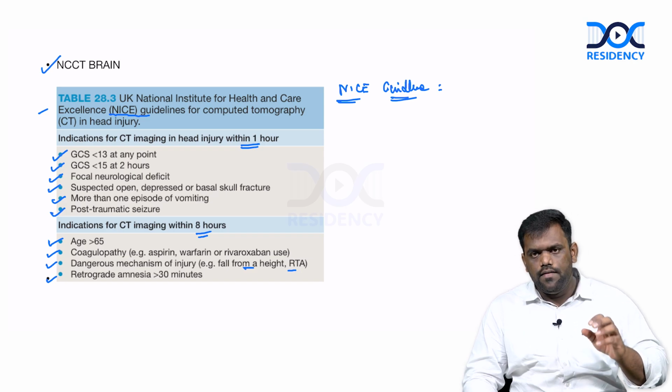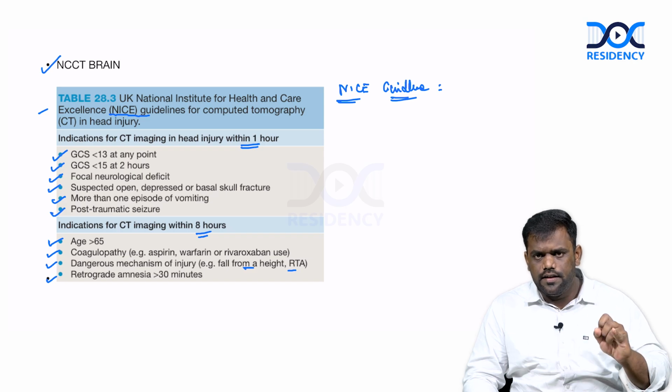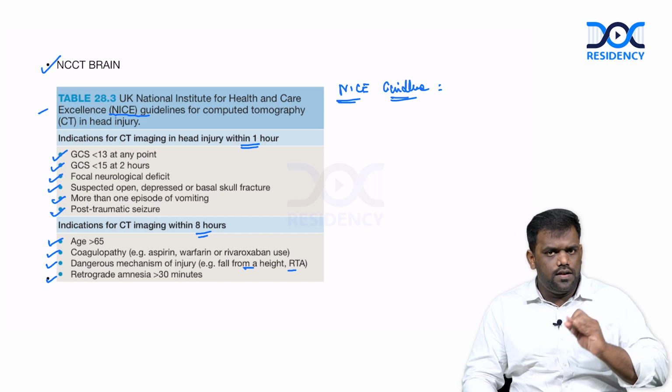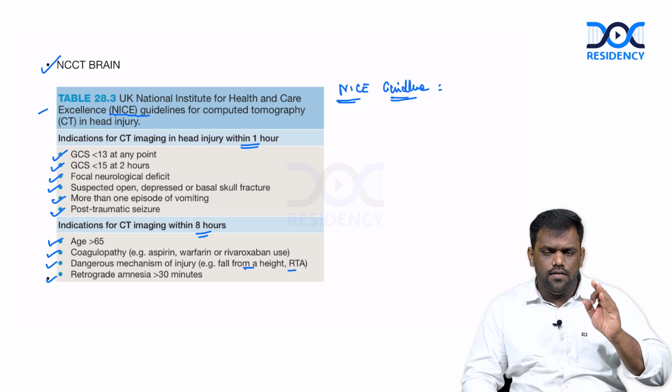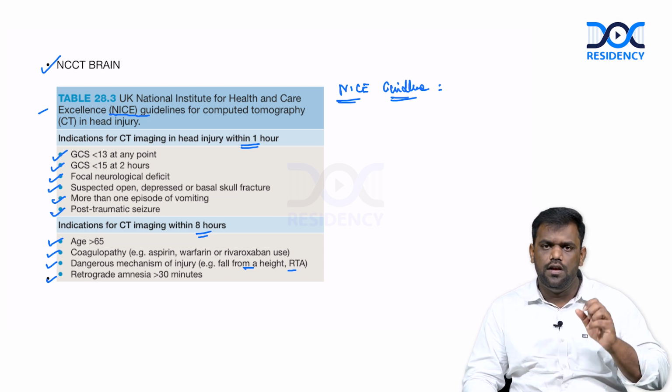Within 1 hour, you have to take a CT scan if the GCS is less than 13 at any point, or less than 15 at 2 hours, when you suspect skull fractures, when the patient has more than 1 episode of vomiting, post-traumatic seizure or a focal neurological deficit.